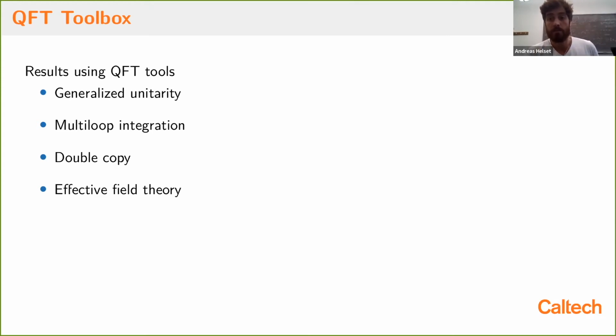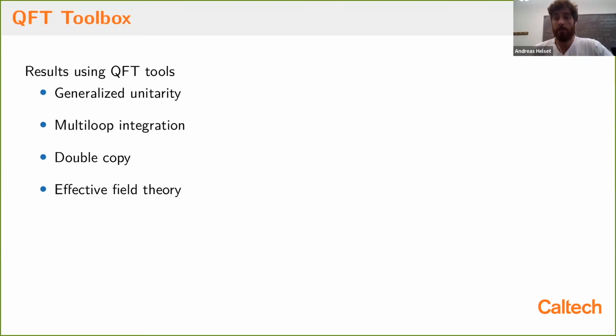And just to mention some tools that have been used: in order to calculate higher loop amplitudes, we need to construct a higher loop integrand as well as do the loop integration. This higher loop integrand can be reconstructed through generalized unitarity, which constructs it from on-shell unitarity cuts, where you only need the tree-level amplitudes as input.